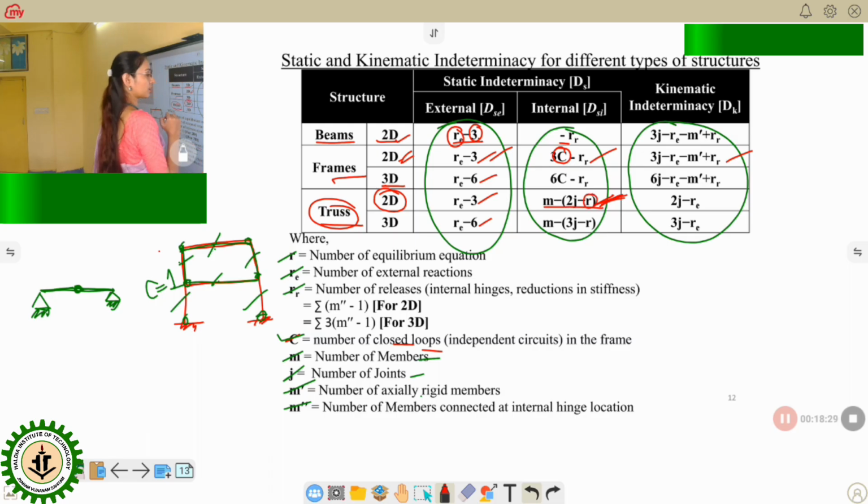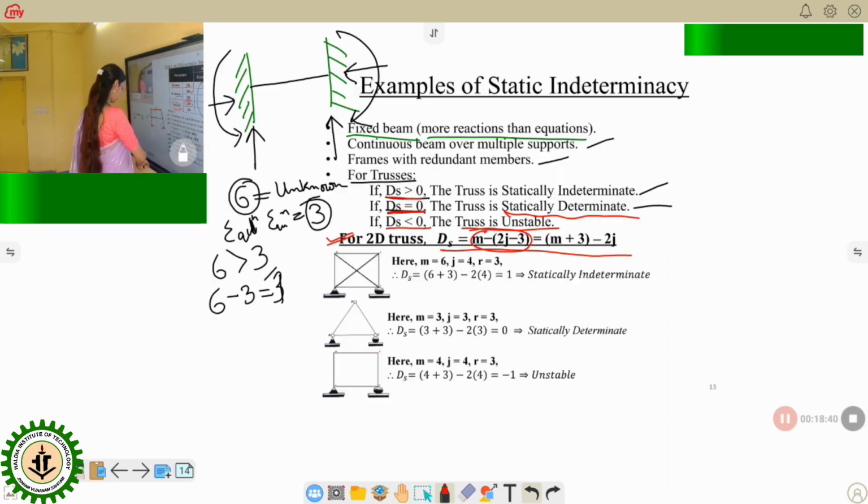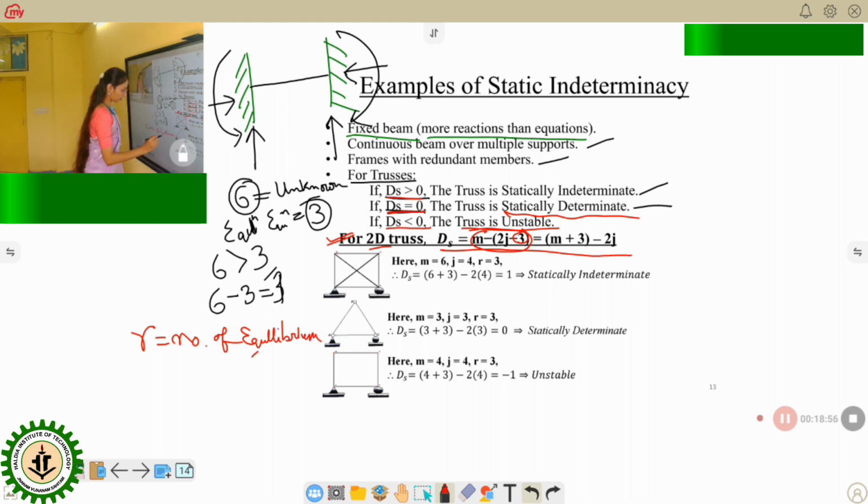Here r is nothing but the reaction forces of our equilibrium equation. So what is the equilibrium equation here for r? For a truss in 2D, r is nothing but 3, because in 2D, r is the number of equilibrium equations, that is 3.